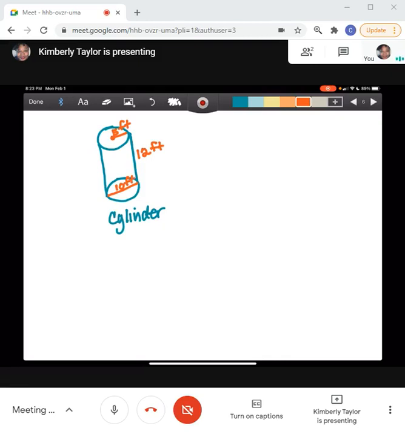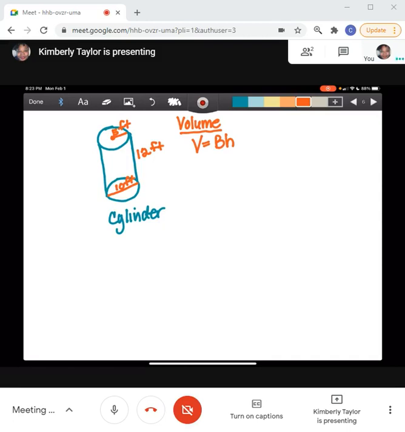Okay, so if I need to find the volume, let's start with the volume. Then it's going to be V equals the area of the base times the height. And you always stick with this formula, area of the base times the height. If it's a prism, it's area of the base times the height. If it's a pyramid, it's 1/3 times the area of the base times the height.